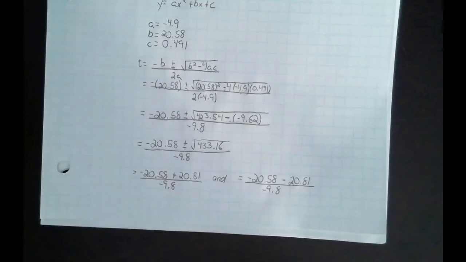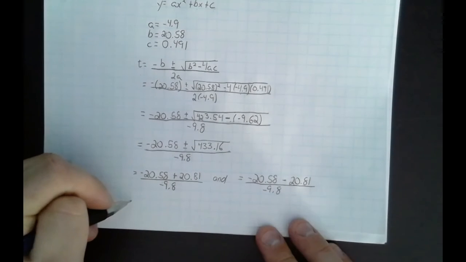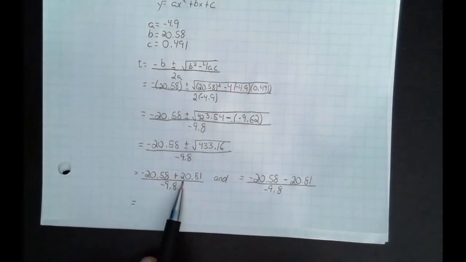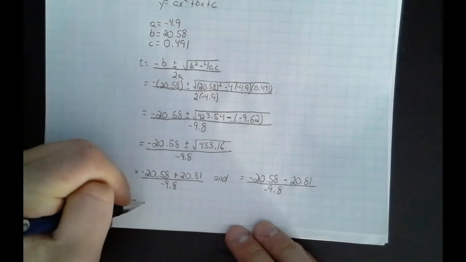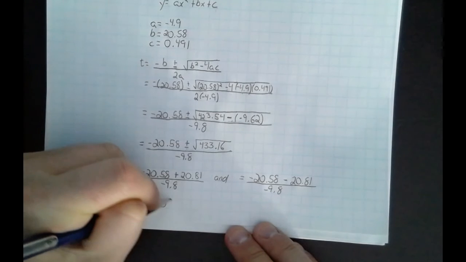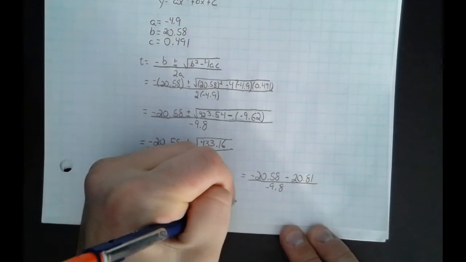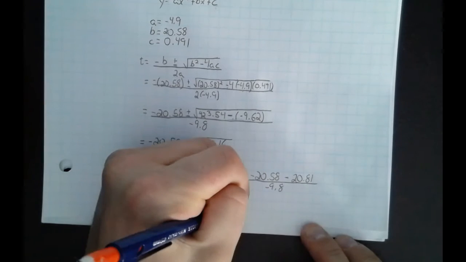Finally, we need to solve this. Negative 20.58 plus 20.81, all divided by negative 9.8, gives me a time of negative 0.02. And lastly, negative 20.58 minus 20.81, all divided by negative 9.8, gives us 4.22.